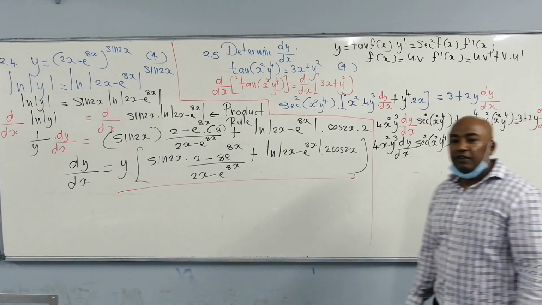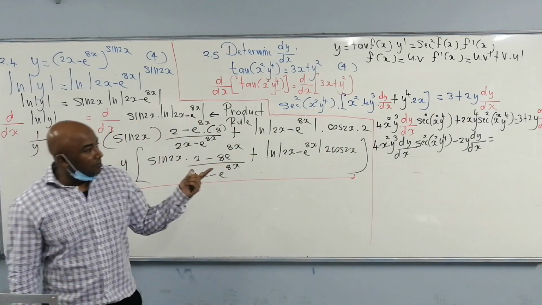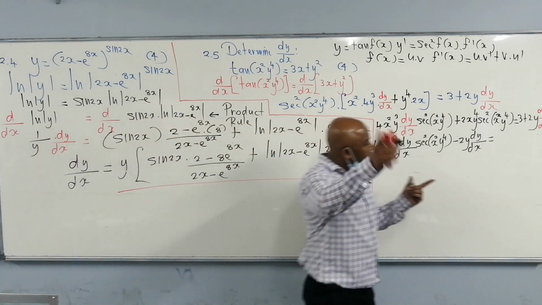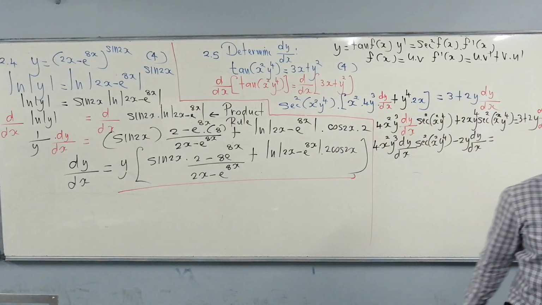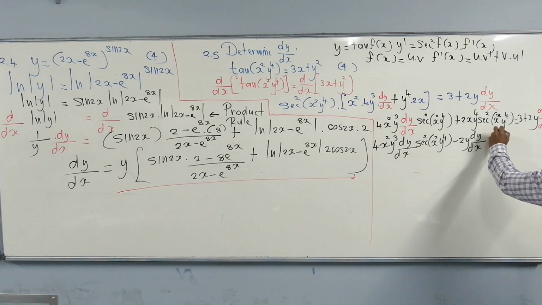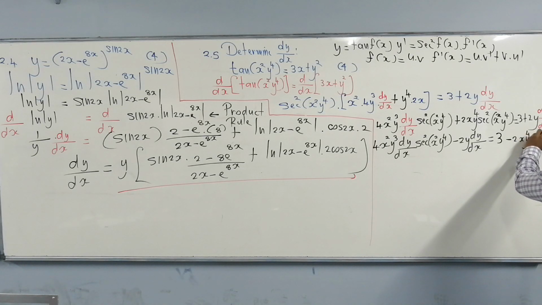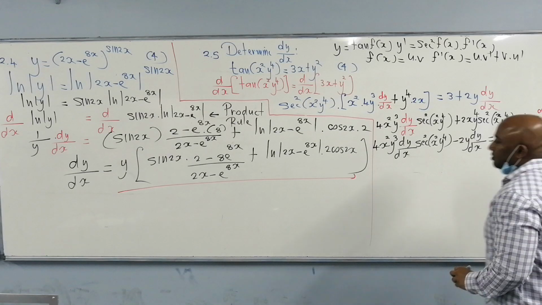So I've got all my dy over dx's. There's only two, but on the left hand side, any term that does not have dy over dx, transpose it to the right hand side. So on the right hand side, I've got 3 minus 2xy to the power 4 times sec squared of x squared y to the power 4.